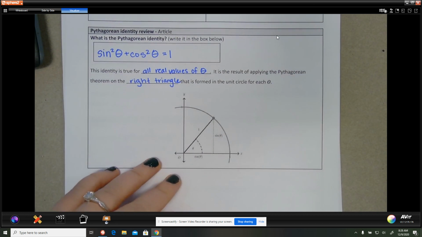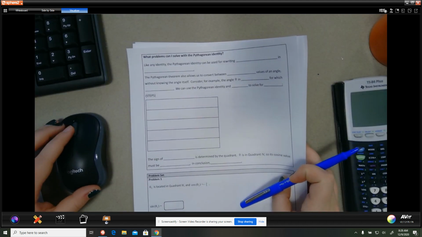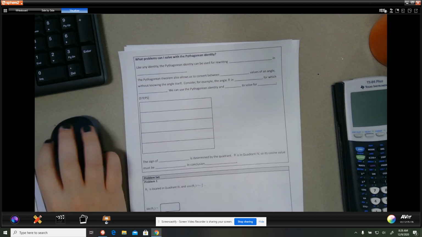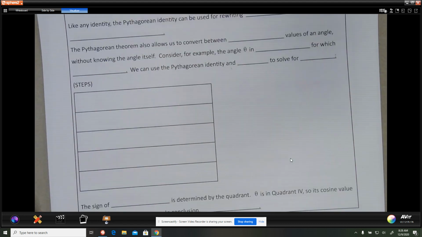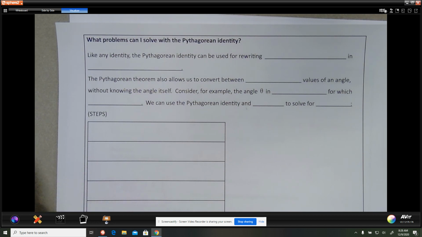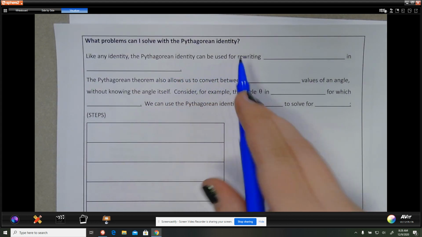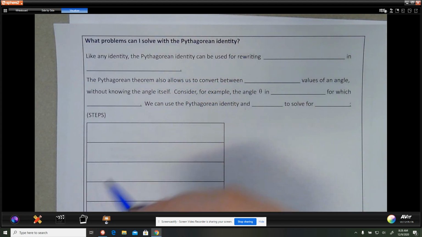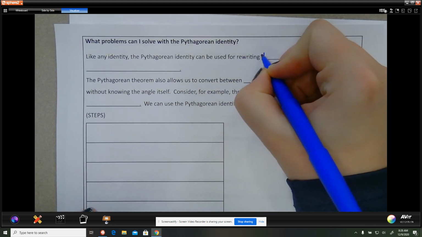Let's move on to the next part here. Sorry, I didn't mean to zoom out just there. Okay. What problems can I solve using the Pythagorean identity? So like any identity, the Pythagorean identity can be used for rewriting trigonometric expressions.